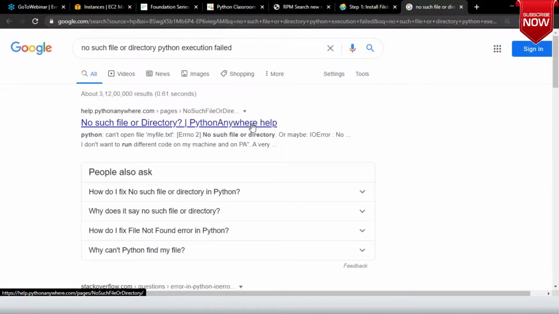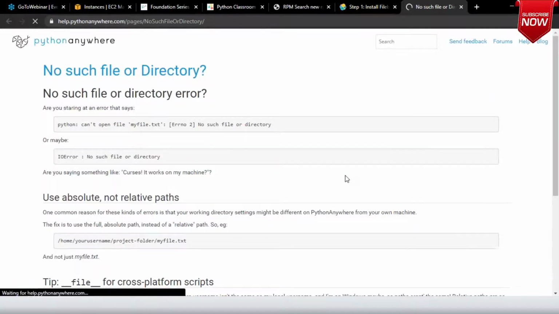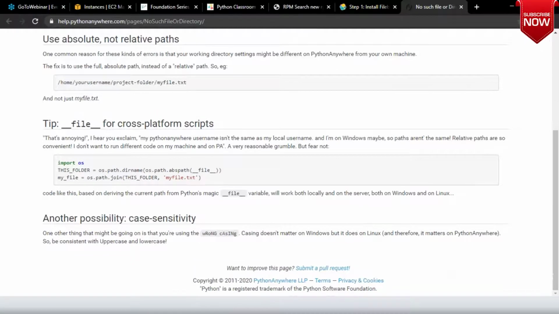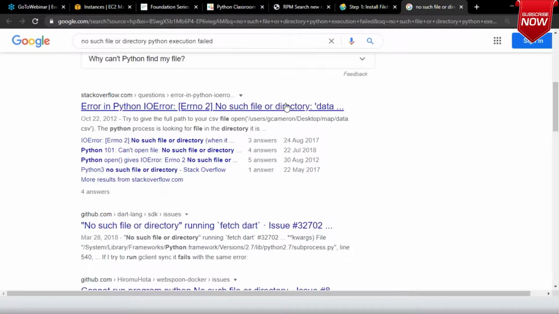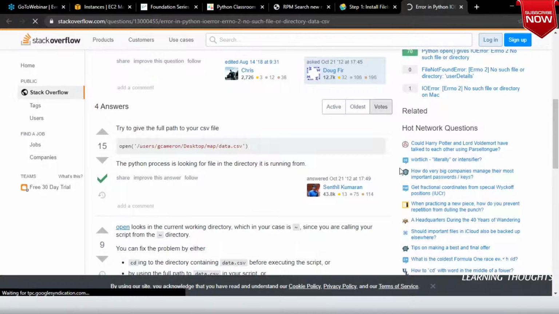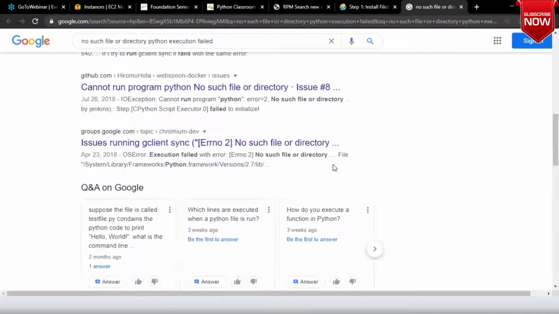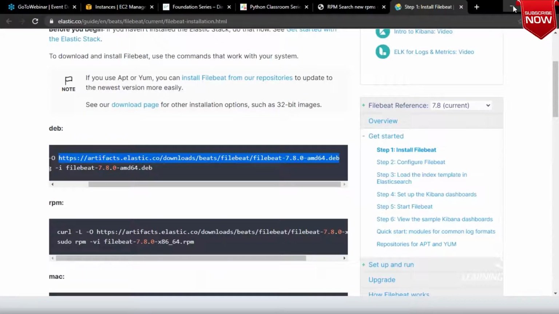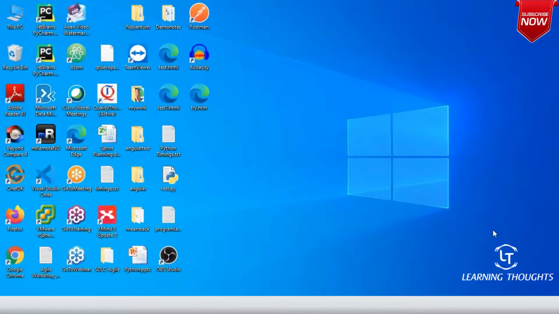Go and read through this. Start searching for errors whenever you get an error. No one will resolve your errors, sir. You are becoming developers and you should resolve your own errors. The moment you said that Python did not execute, I knew that your folder had a space in it.